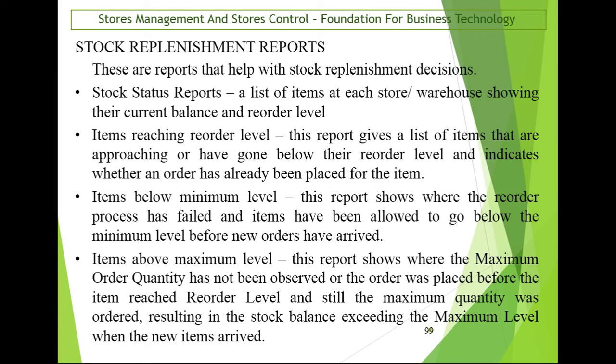The next report is for items that are below minimum level. This report shows where the reorder process has failed and items have been allowed to go below the minimum level before new orders have arrived. Remember, we were showing that calculation of how to determine the reorder level so that by the time the order arrives, we still have more than the minimum quantity.